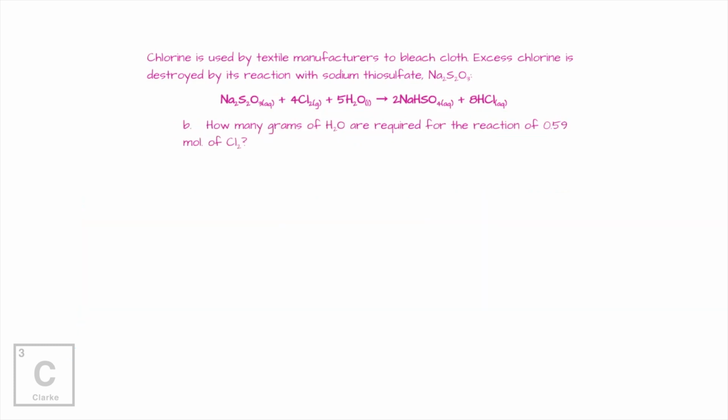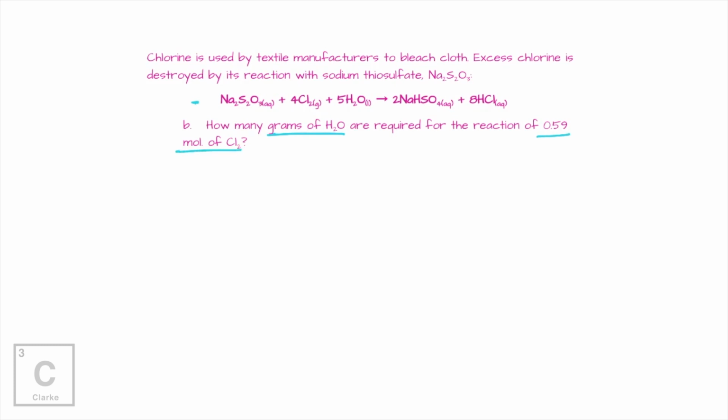Same question, same information, different question. Chlorine is still being used by textile manufacturers to bleach cloth. Excess chlorine is destroyed by its reaction with sodium thiosulfate. We already have that balanced chemical equation. So let's read our question. How many grams, so that's what we're looking for, grams of water, are required for a reaction of 0.59 moles of chlorine?